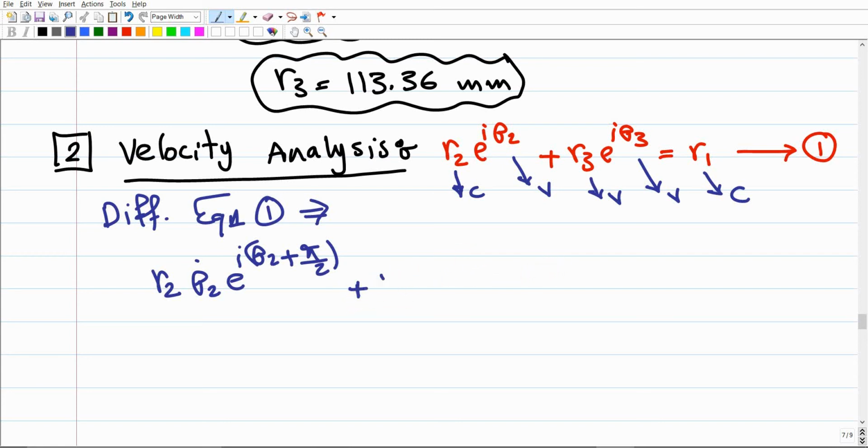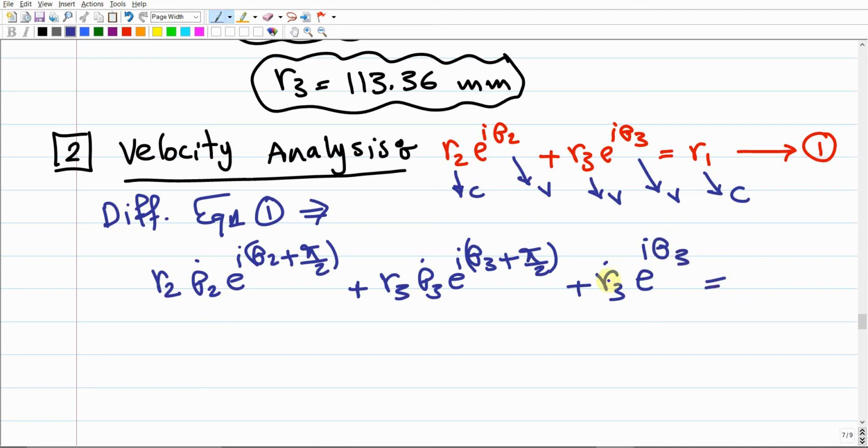Let us fix r3, so we have r3 θ3 dot e^(i(θ3 + π/2)), plus, now differentiating the r3, r3 dot, then we fix θ3. This gives us the differentiation of this term. How about r1?